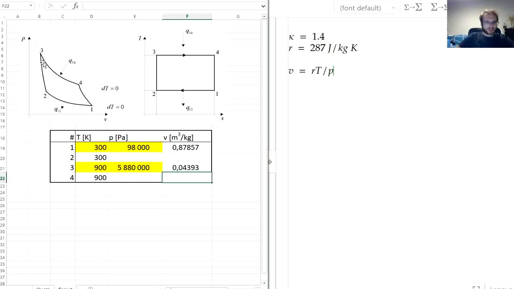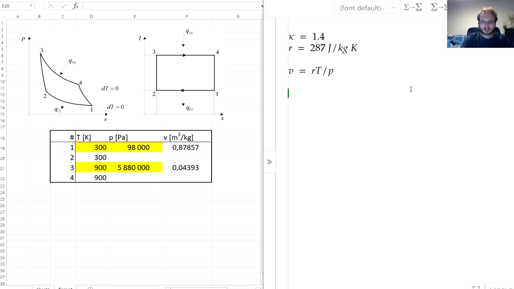Meaning, how do we get the pressure at those points? For example, the pressure at 2 is from the combination of the ideal gas equation and the equation of the reverse adiabatic change. So we can get it by going adiabatically, or isentropically, from point 3 to 2.